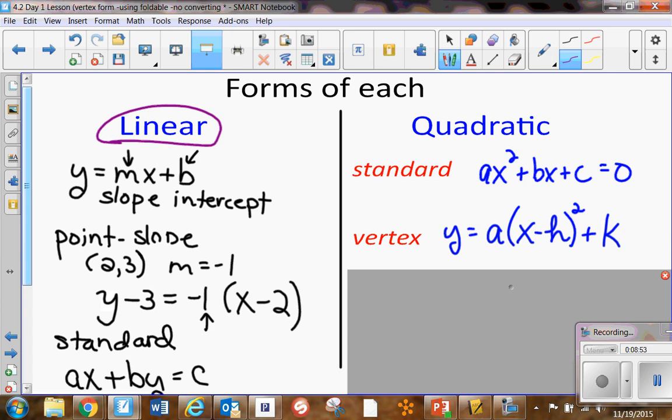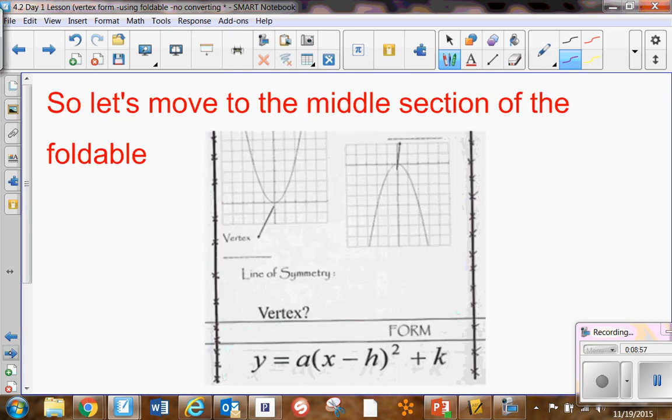So let's go to the center of your booklet, the center little flap on the front. And let's talk about the vertex form. Here's an example of the vertex form. They're pretty easy to recognize because you have x plus something or x minus something in parentheses squared. So it's pretty easy to see.